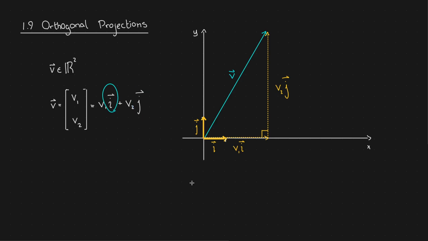Sometimes it makes sense to describe how much of a vector is in the direction of some other, non-standard vector. So here we have the amount of vector v in the direction of vector i. We have the portion of vector v in the direction of vector j, how much of that vector v is going straight up and down, how much of it is going left and right. But say we want to know how much of v is going in some other direction.